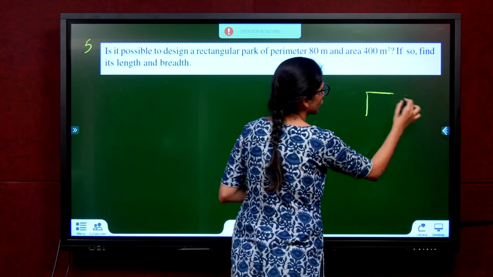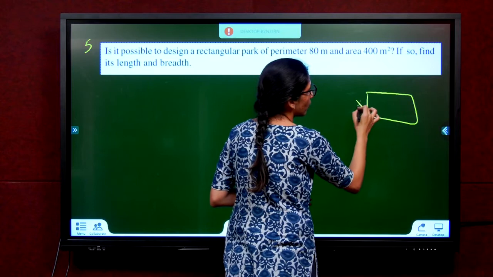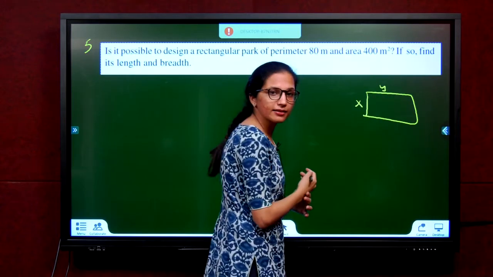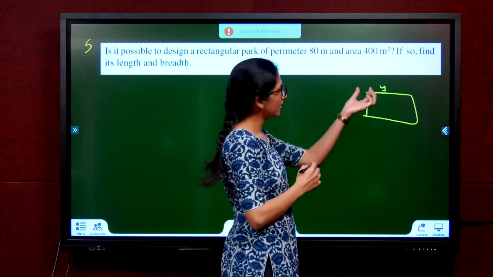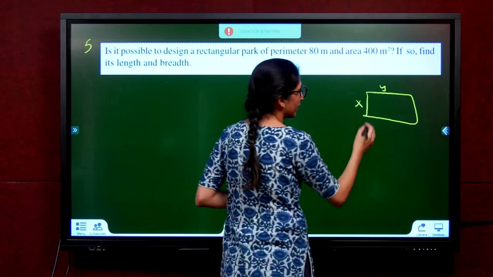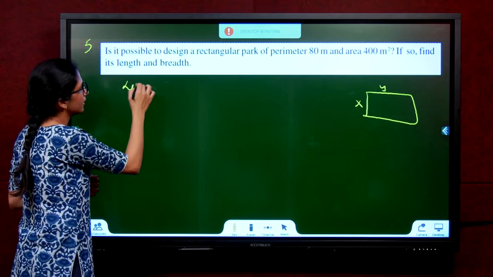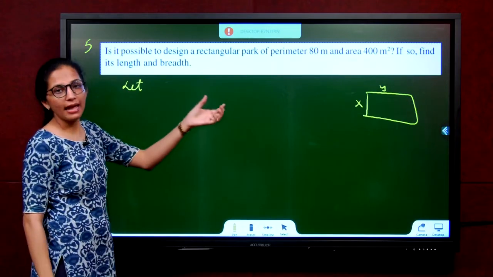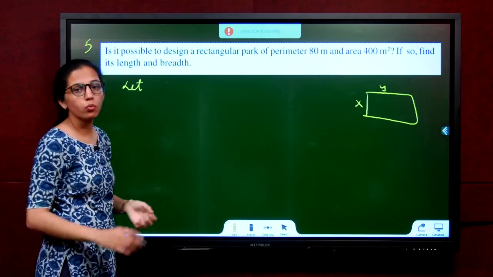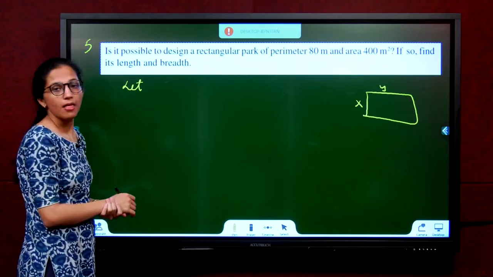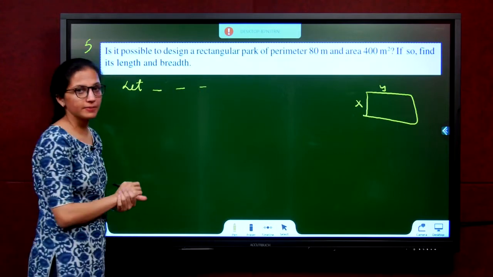So in this question, we'll take one of them as X and the other as Y. Let's say breadth is X and length is Y. First you write the first statement: let the breadth be X and the length be Y meters. Please write down the first statement.